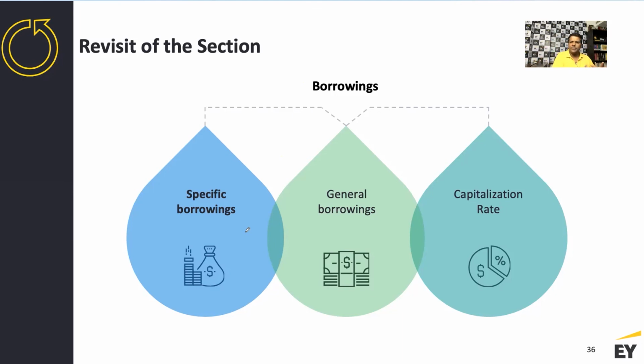If it is not a specific borrowing, then you need to determine the rate of capitalization and apply this rate to the expenditure which you have incurred in relation to that qualifying asset, and then you determine how much of the interest is eligible for capitalization. Everything else is nothing but period cost, or an interest cost which is required to be charged to the profit and loss account.